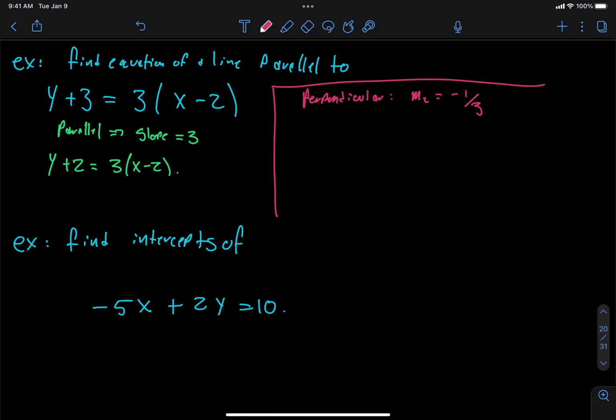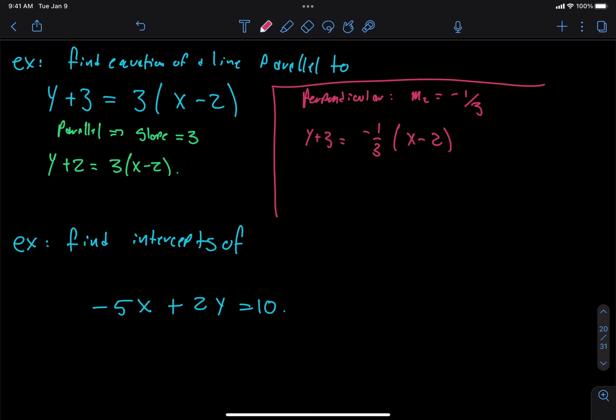Right, negative 1/3. So I could do the equation maybe y plus 3 equals negative 1/3 x minus 2. Then that would be the equation of a perpendicular line which passes through the same point that our other line passes through. And that's the location of the cross.